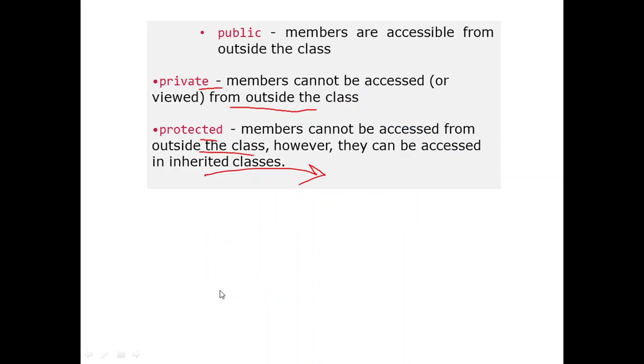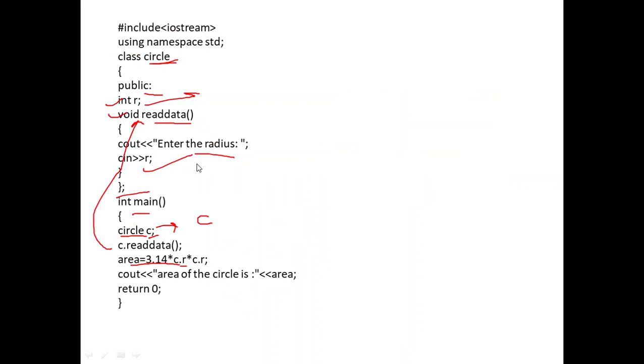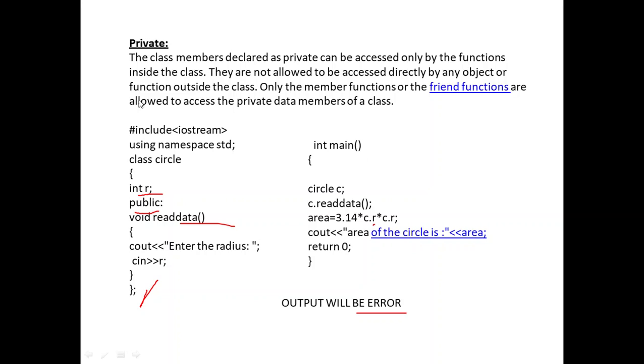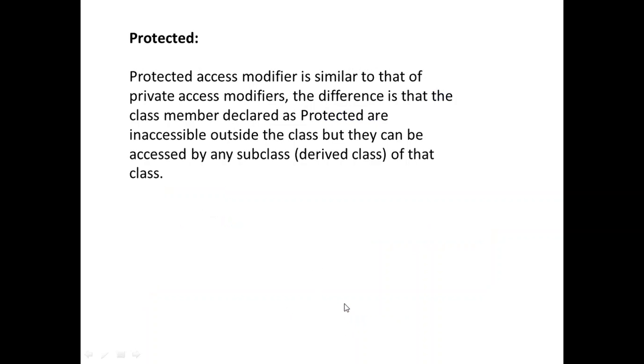For public, all the members written after public is declared, that means the member functions and the variables or data members, are accessible publicly, so we can use them outside in the main function. But in the case of private, if R is declared before public, that means R is private and we cannot use it, and the program output will be an error. And in the protected case, it is not accessed from outside the class except by an inherited class or derived class.